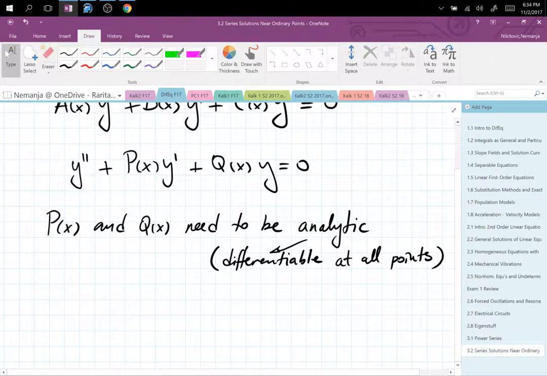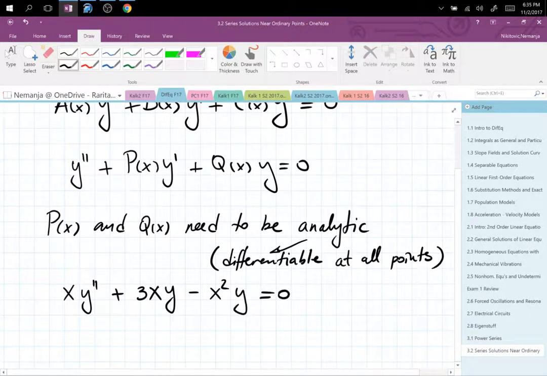So if you think about equations, for instance, x y double prime plus 3x y prime minus x squared y equal to 0.